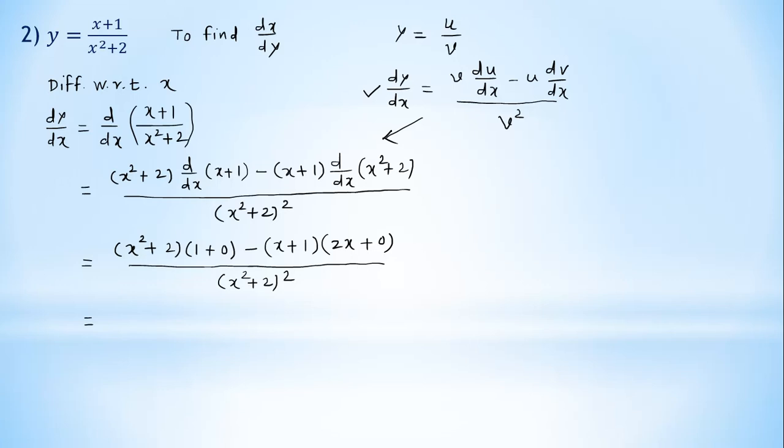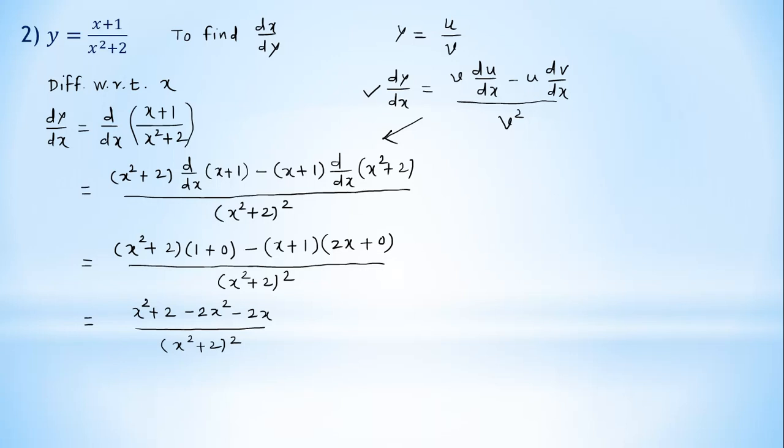So 1 into x square plus 2 is x square plus 2, minus. Now we have to multiply this bracket, means x plus 1 with 2x. So 2x into x, that is 2x square, and here it is minus sign, so it becomes minus 2x square. Then 2x into 1 is 2x, and this is minus, so minus 2x. Okay, divided by x square plus 2 bracket square as it is.